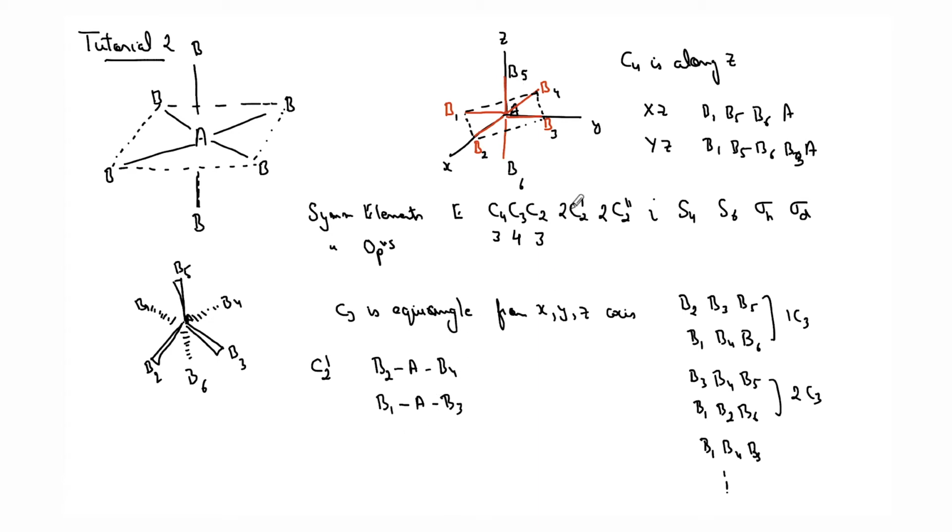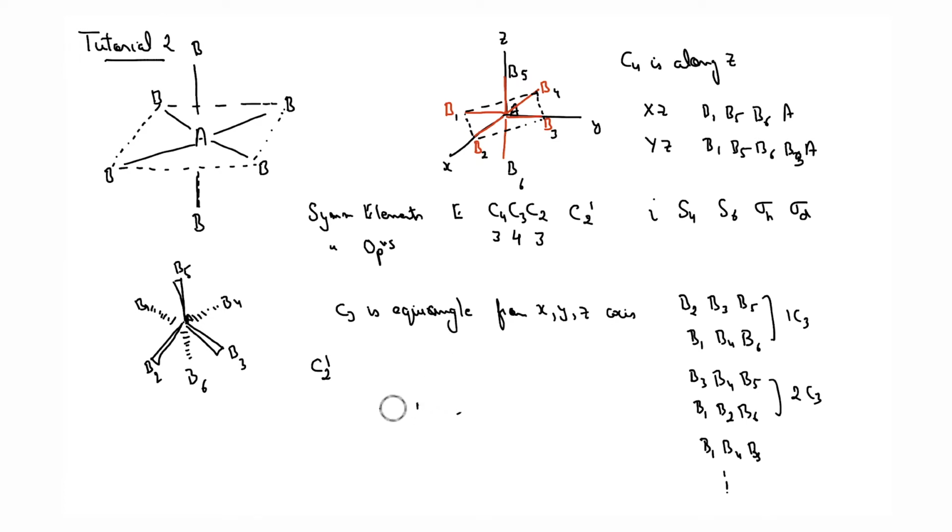No, this is the C2 prime which we are talking about, right? So no, I think there is some mistake. This would be altogether 6 C2 primes. So C2 primes, let us list them down. So not these ones, because these ones are actually these C2s which are collinear with C4. So we are not talking about these ones.